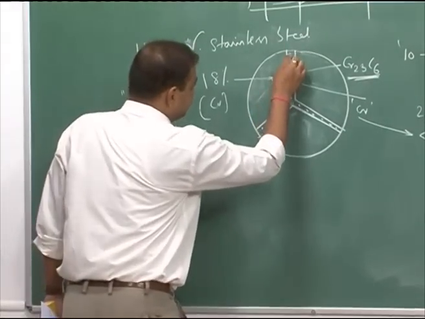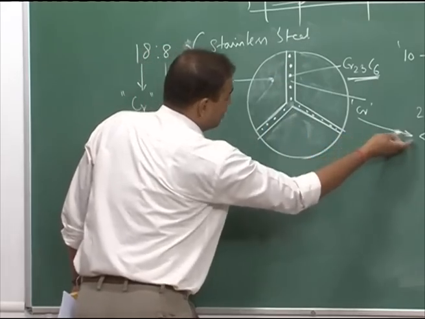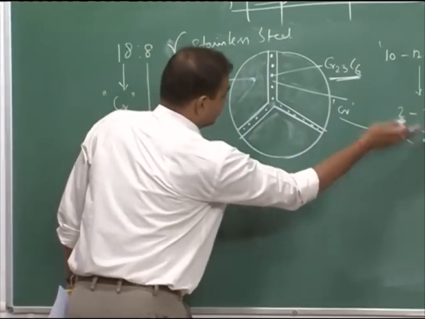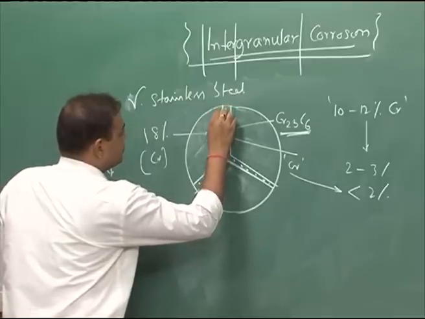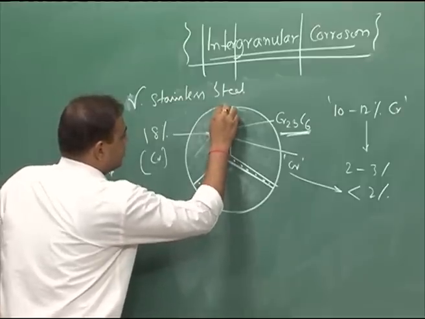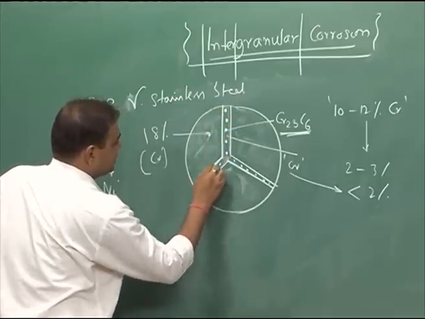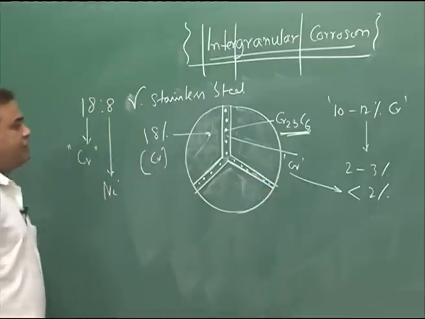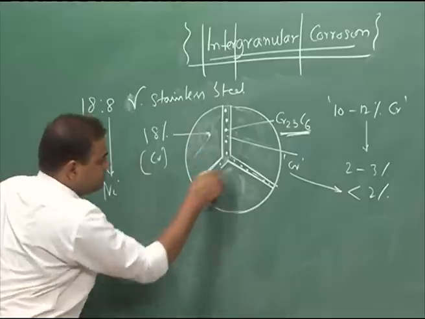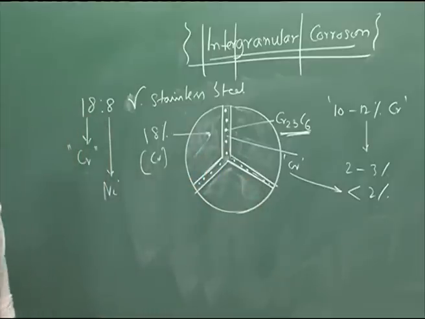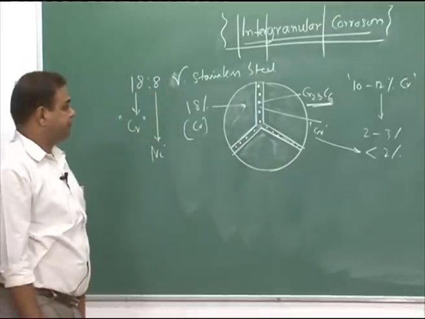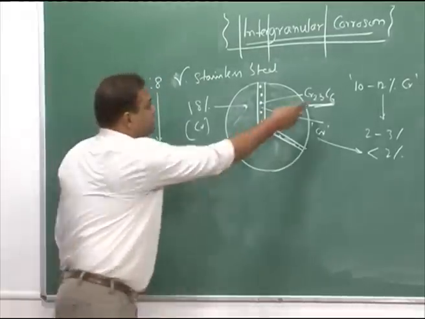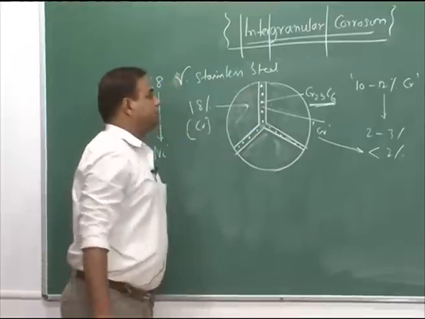But since we have a depletion of chromium, going from 18 to less than 2%, this depletion will form an anodic zone in the depleted part. So, this section would act as anode, the rest of the section would act as cathode, and the chromium carbide will also act as cathode.